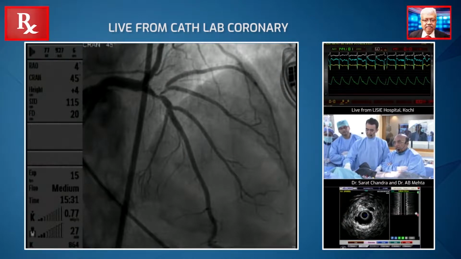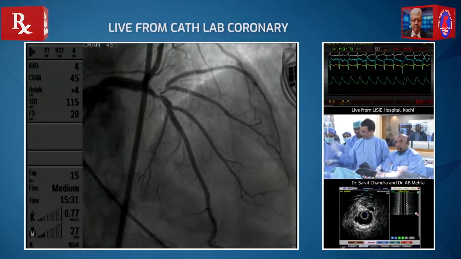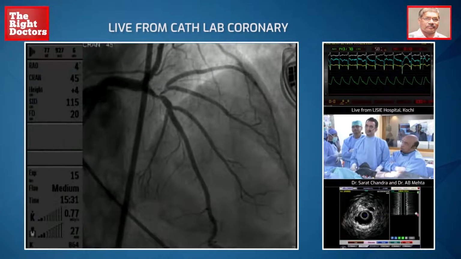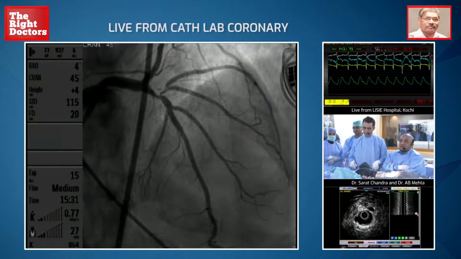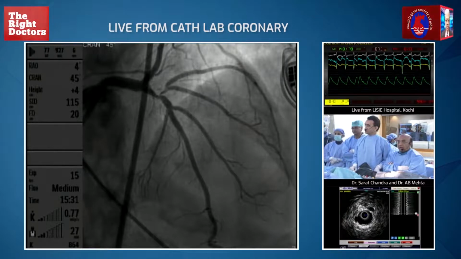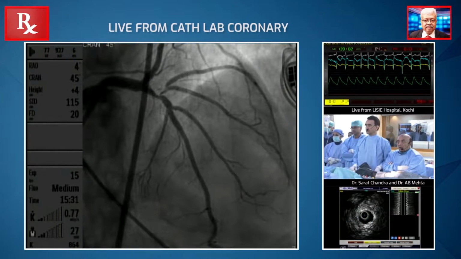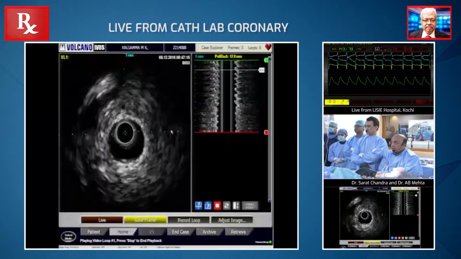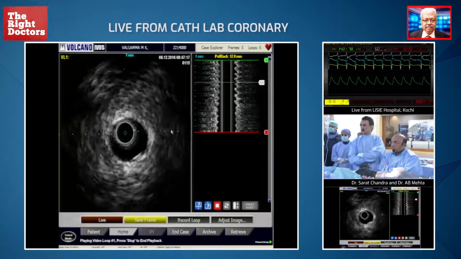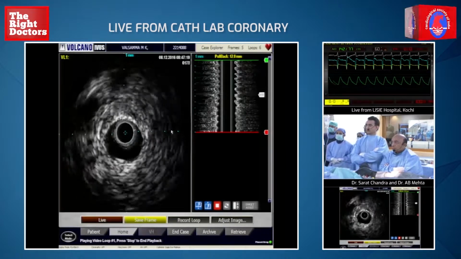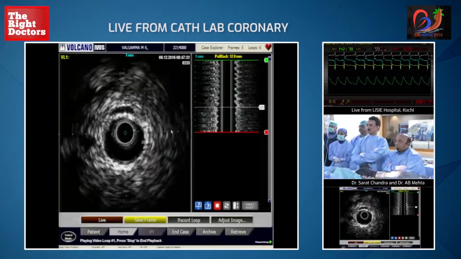Meanwhile, we also did the IVUS on this patient, and we'll show you the IVUS findings. Just show the IVUS findings, please. We did the IVUS in the LAD. At the bottom of the screen, can you switch the angiogram so that you can see it better? Yeah, that's better.